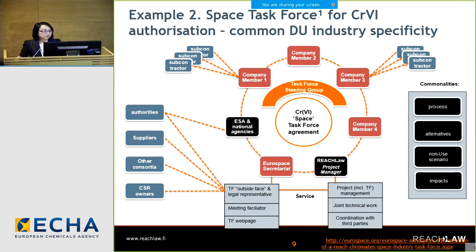And even though this application was never filed, we did use this dossier to help one company in the sector to apply for their specific use. And in the opinion we received, the committee gave credit to the fact that we described the industry specificity, which gave them confidence that this is the case.